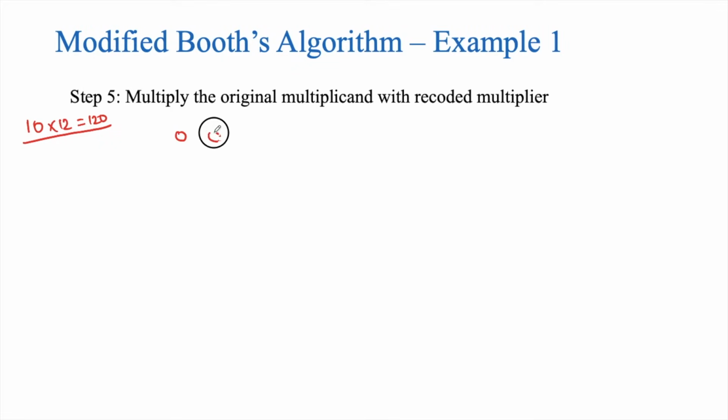It is 0, 0, 1, 0, 1, 0. We have to multiply this value of 10 with the bit pair recoded multiplier value. What was it? It was plus 1, minus 1 and 0.